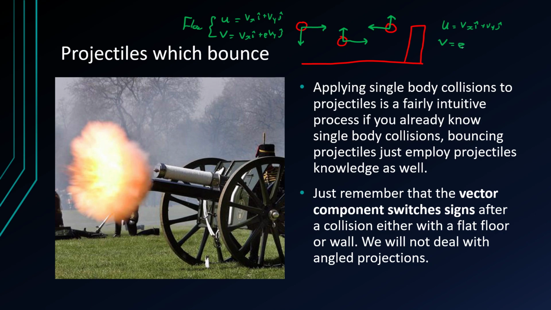So this should actually be minus because it's switching. So minus e vx i plus vy times j will be the new velocity of a particle after hitting a wall. So if you can combine certain projectile motion knowledge with the collisions knowledge from single body stuff that you already know, these questions should be fairly straightforward.